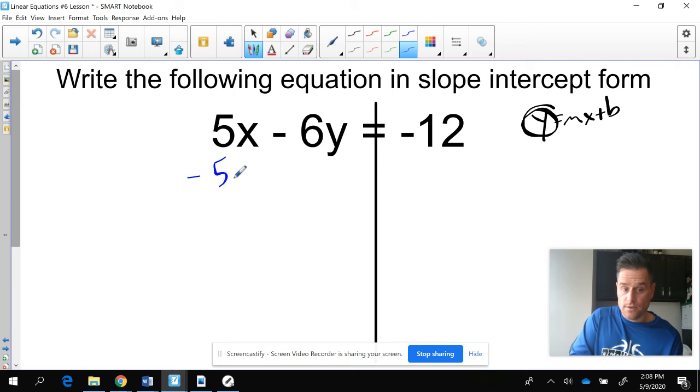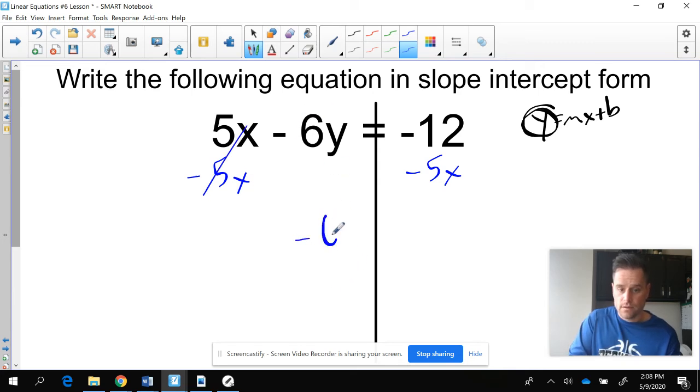The first thing I'm going to do is take away 5x on both sides. That goes away. We still have a negative 6y equals a negative 5x. We can't add or subtract those because they're not like terms.